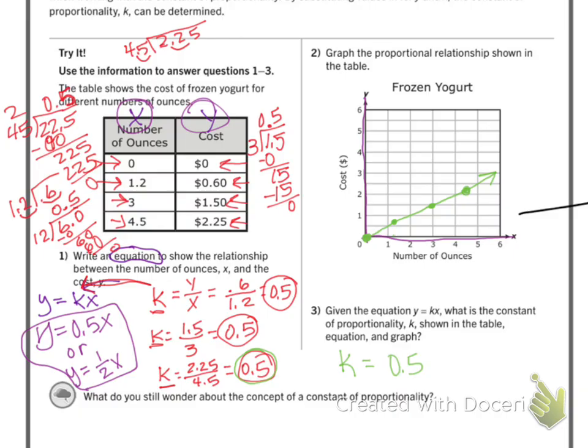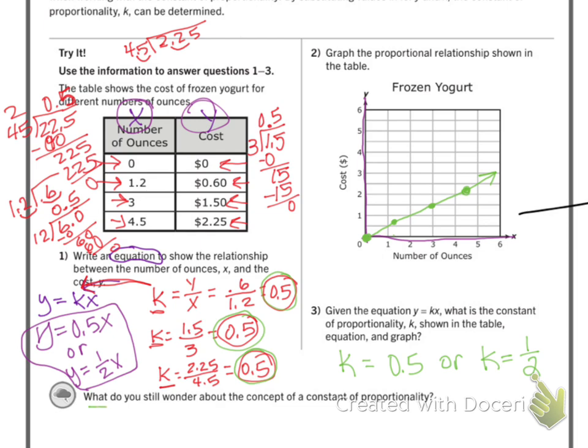We know that even in the table it's 5/10 because we worked it each time. And then we also know that from the graph, it is also 5/10. So the constant is equal to 5/10, or the constant is equal to 1/2.